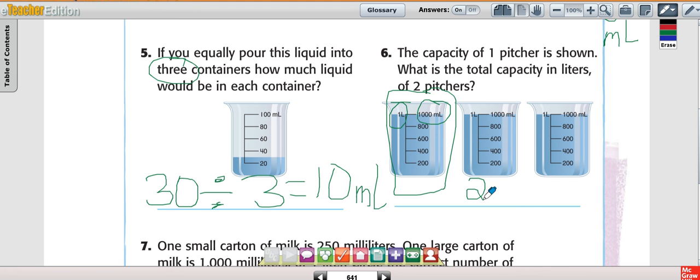So obviously you'll have 2 liters or 2,000 milliliters. Do you have more if I have 2 liters than 2,000 milliliters, or it's the same? It's the same. Okay? You're just using bigger numbers if you use milliliters compared to just 2 liters, which the numbers are not that big.